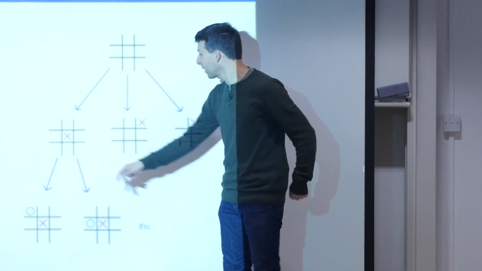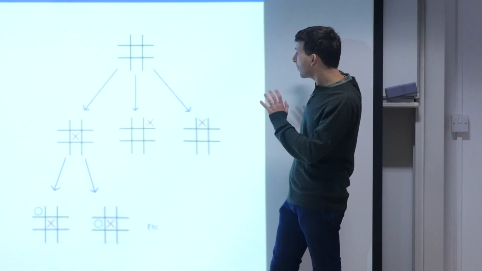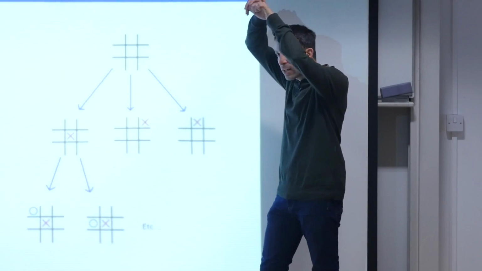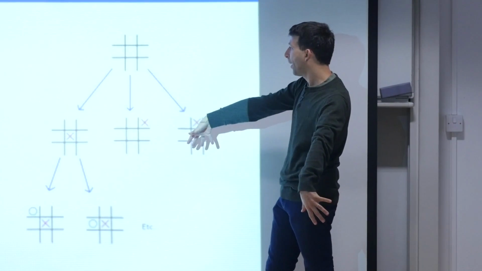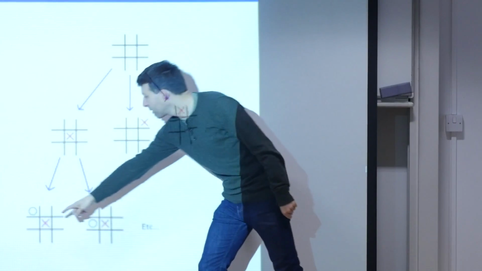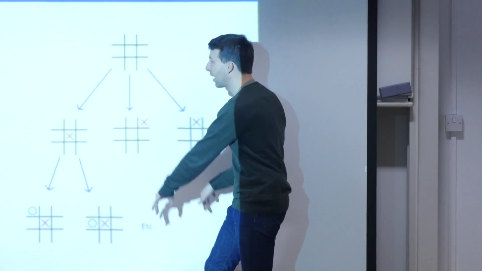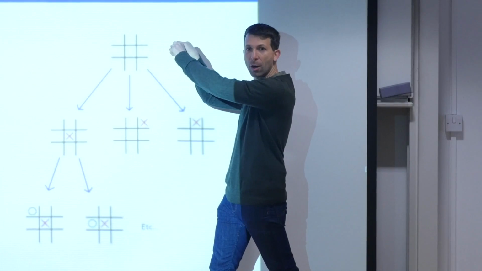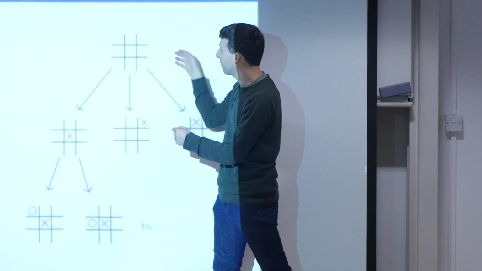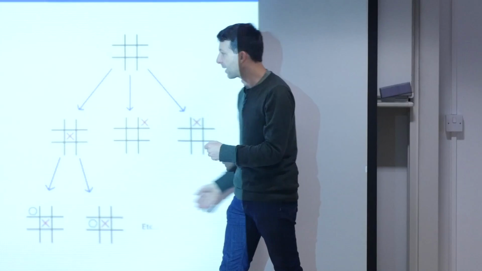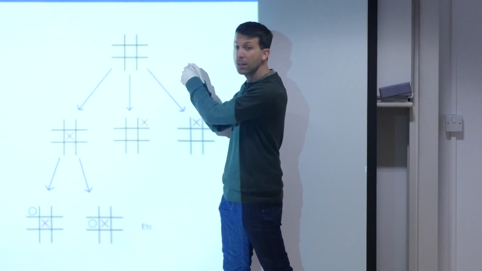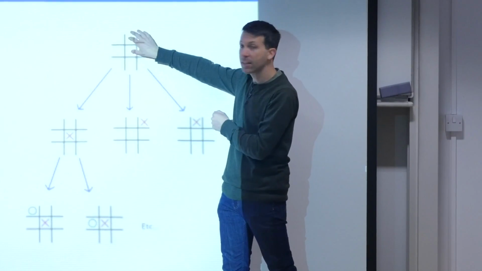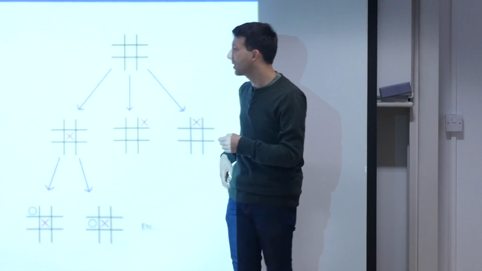If you write out that entire tree, then you can look at the bottom and see what the values are. And you can propagate all of those values back up to the top. If one player is maximizing and the other player is minimizing, there is some optimal strategy for computing the value function. We'll run through an example in just a second.